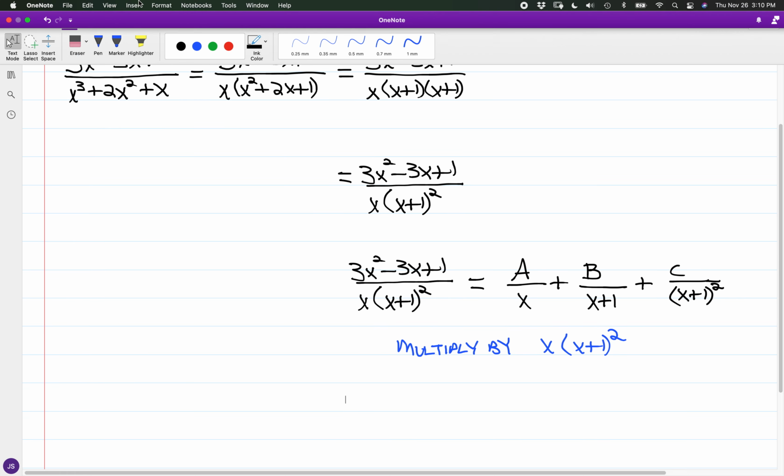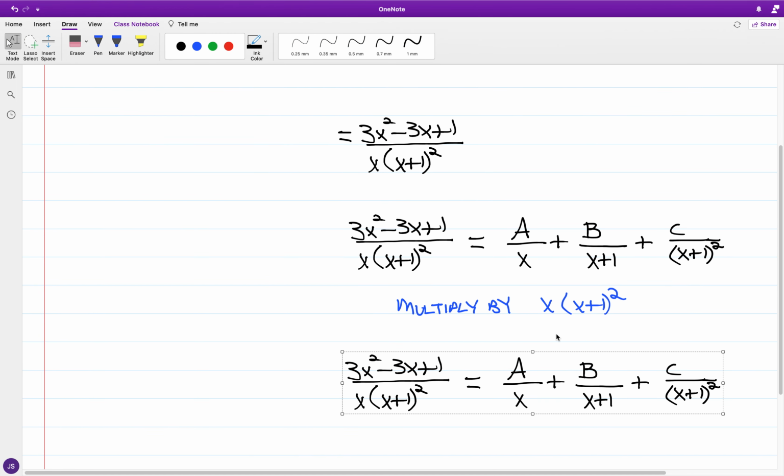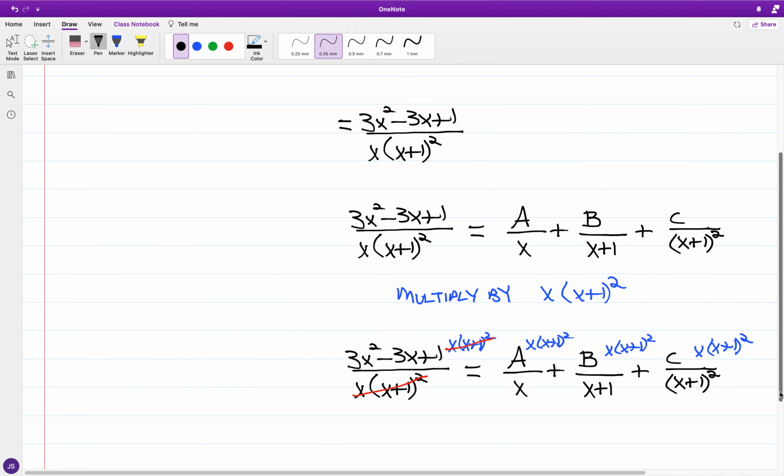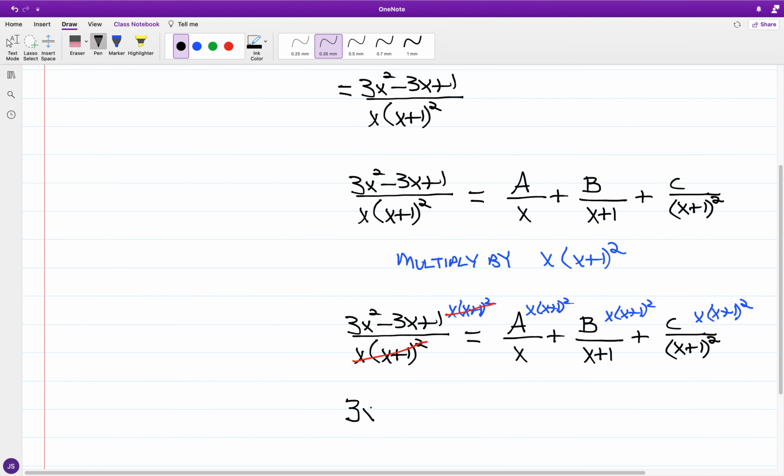So if I multiply the ratio by all of x and the square of x plus 1, the left-hand side of the equation will become 3x squared minus 3x plus 1, for what I have on the right.